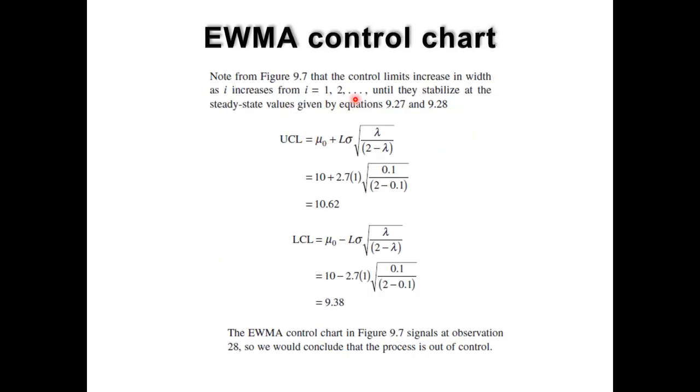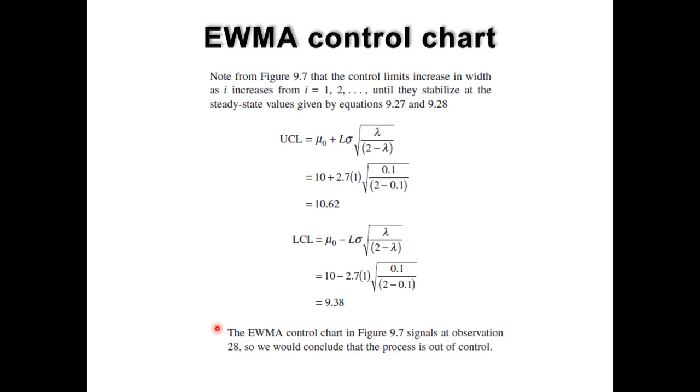For the steady state limits, the formula of upper and lower control limit is given by mu plus or minus L times sigma times the square root of lambda over 2 minus lambda. We can find the values of the control limits at steady state, which are 10.62 for the upper control limit and 9.38 for the lower control limit.